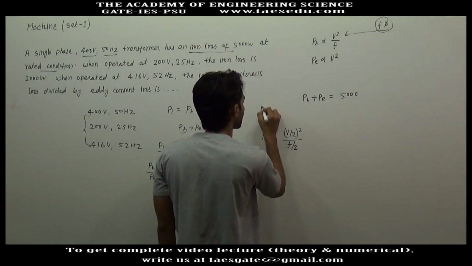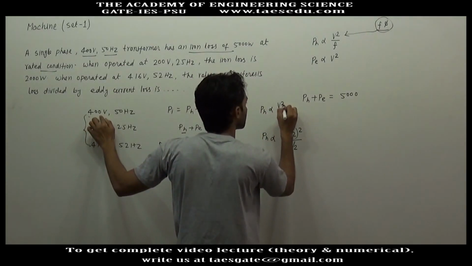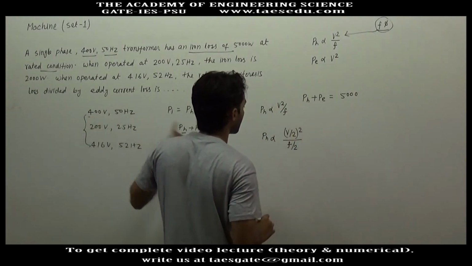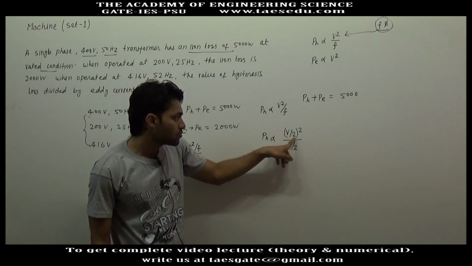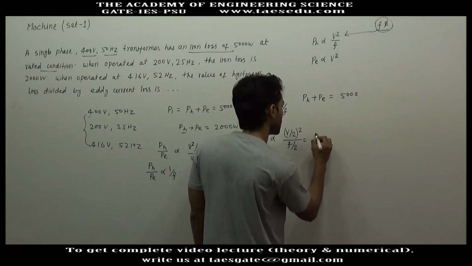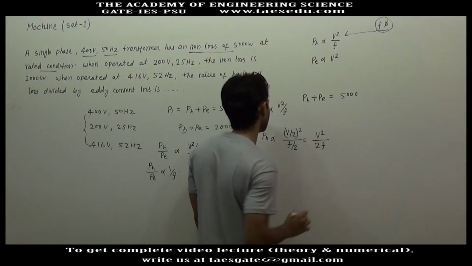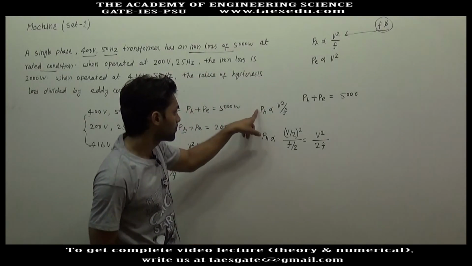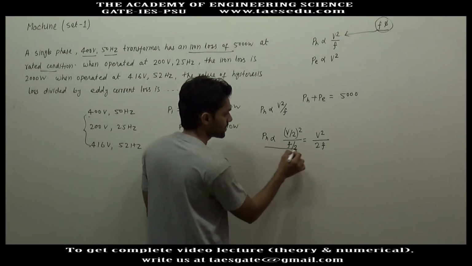And in the first condition, PH will be directly proportional to V square by F. And in the second condition, PH will be directly proportional to V by 2 whole square divided by F by 2. This will be V square by 2F.